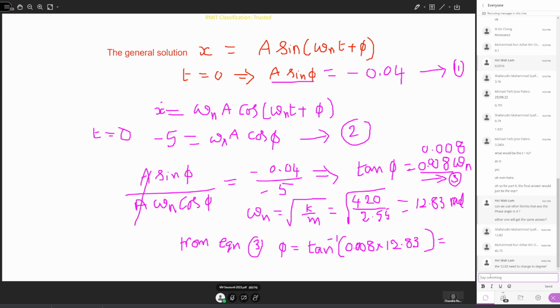So this will be 0.008. Can you redo your calculations?